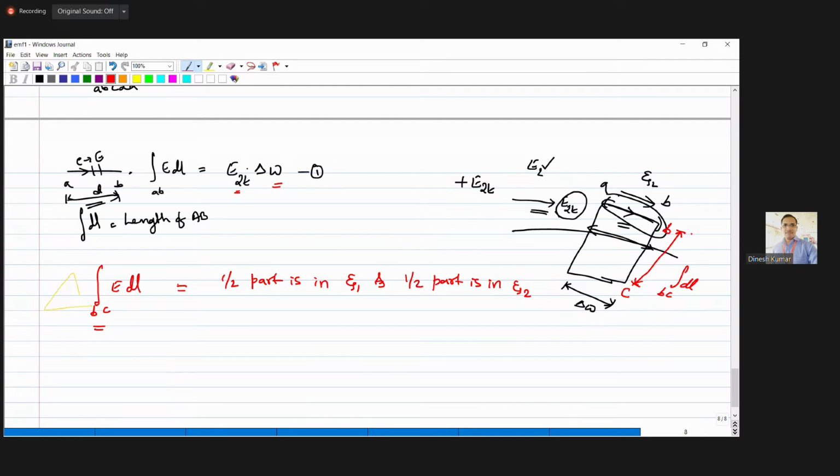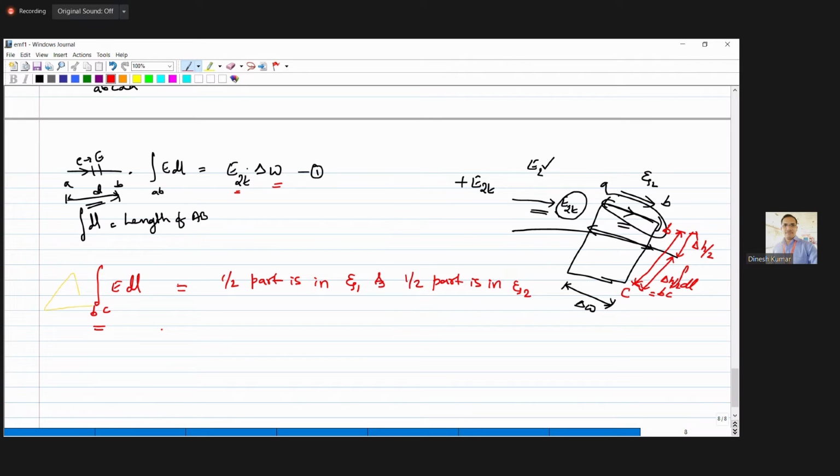So that is the reason. Half of the part is present in epsilon 2, that is delta H by 2, and the remaining half is present in the first dielectric medium, epsilon 1, of delta H by 2. So we have to keep this point in our mind, and later we have to come back.